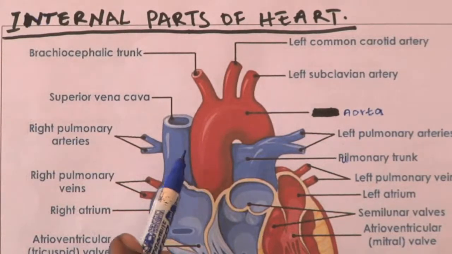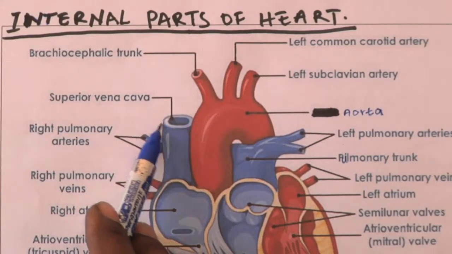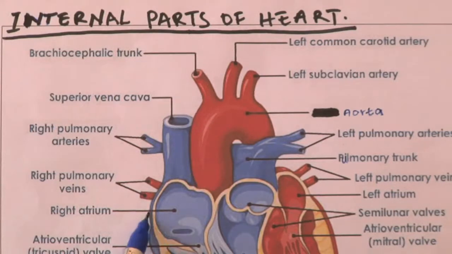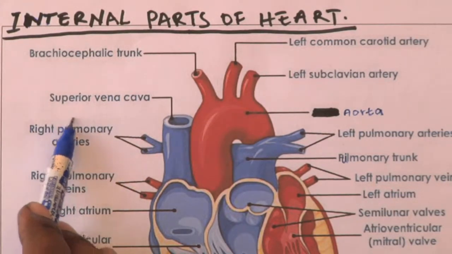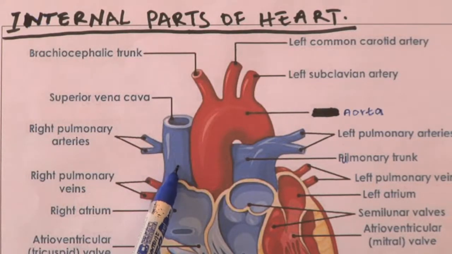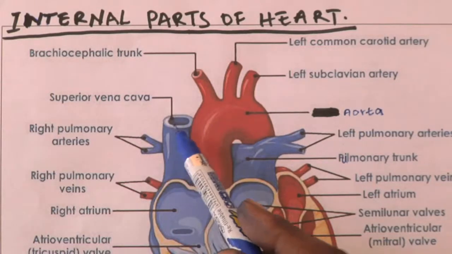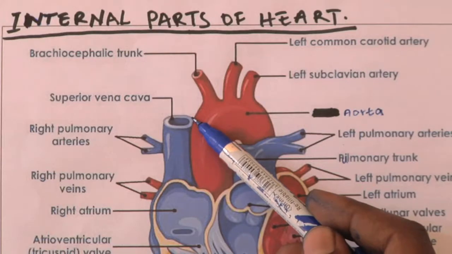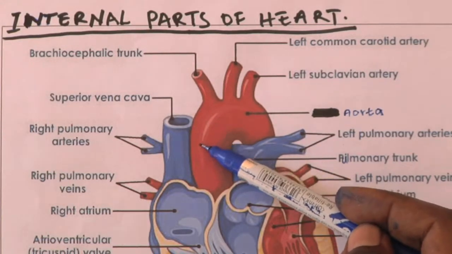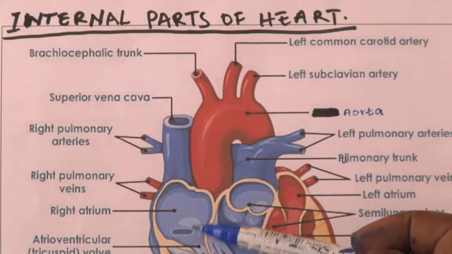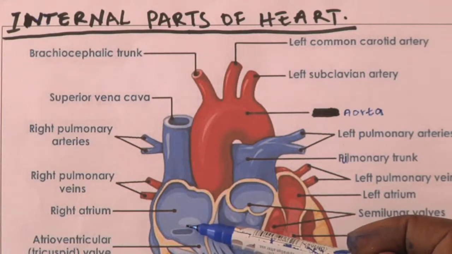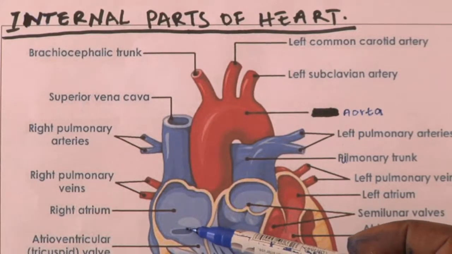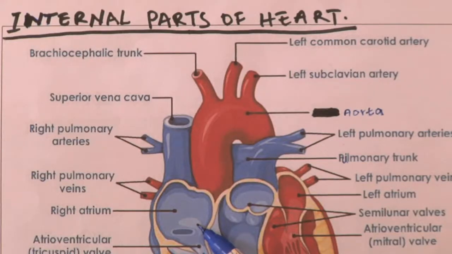Then you can see what brings blood to the right atrium, or the right auricle of the heart, which is the vena cava. The vena cava are of two types. The superior vena cava brings blood from the upper part of the body, and the inferior vena cava brings blood from the lower parts of the body into the right atrium.